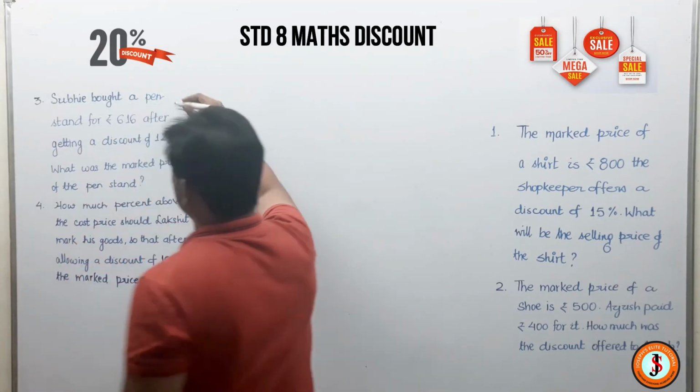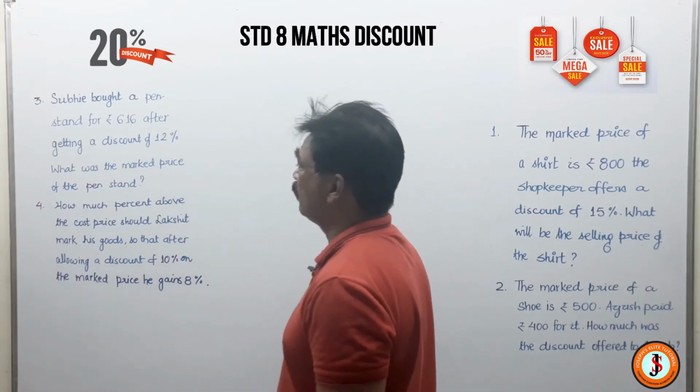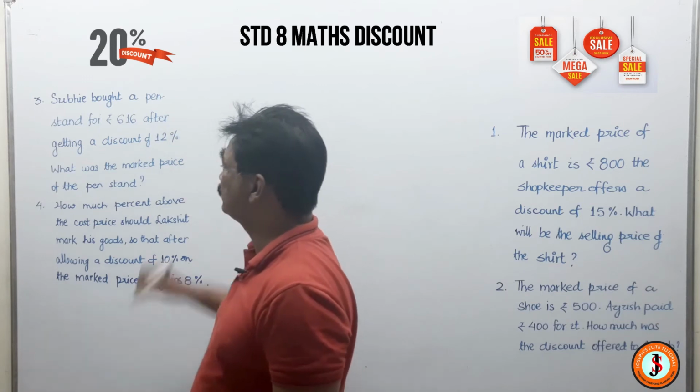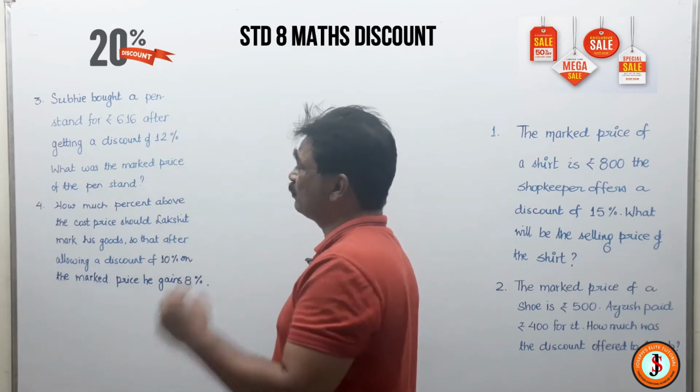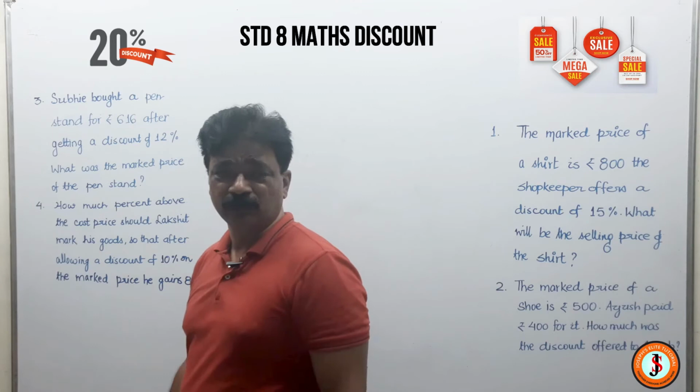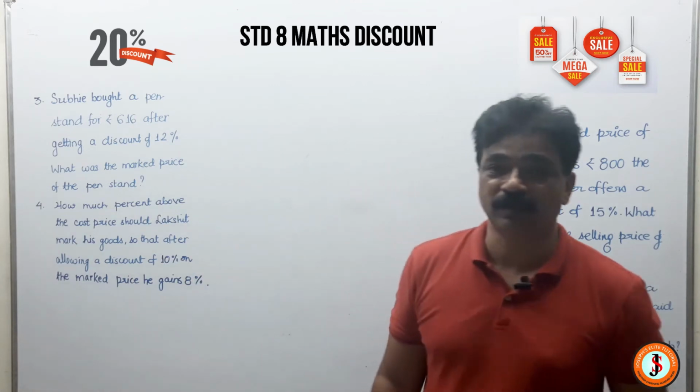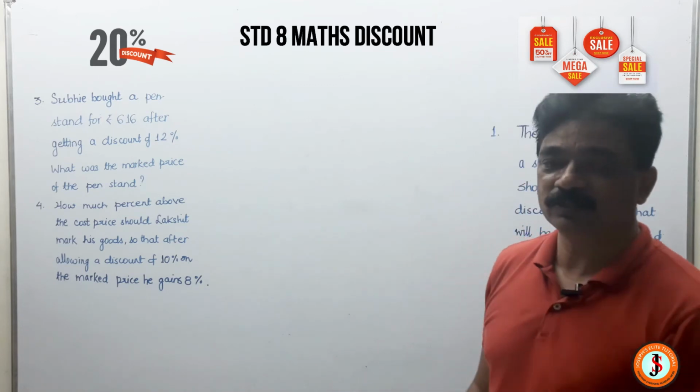Subhi bought a pen stand for rupees 616 after getting a discount of 12%. What was the mark price of the pen stand? On the mark price only we calculate the discount, no?